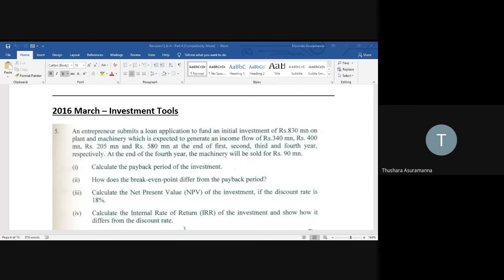So we can go with number 2 and number 3. Number 2 is an explanation, a clarification of break even versus payback, and then you can do the NPV. What about others?